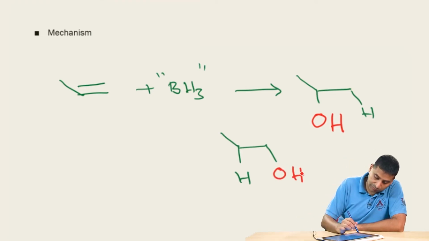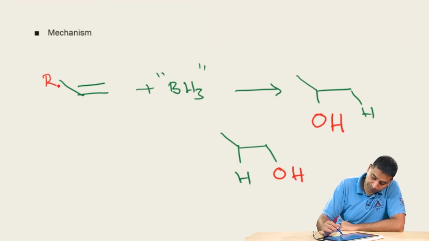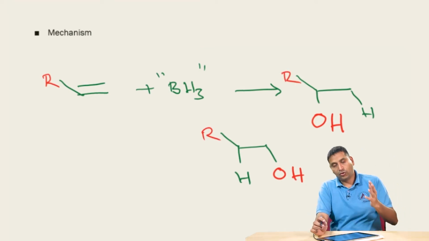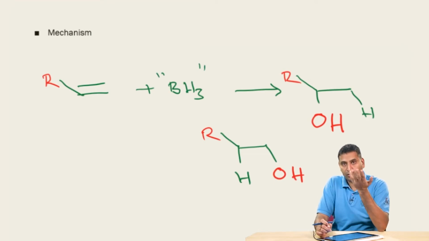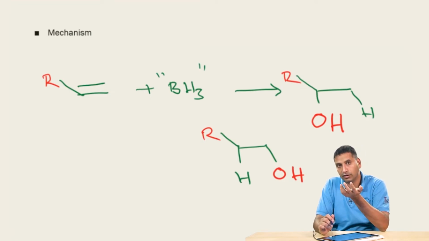Imagine that this is R and this is R. So, when hydroboration oxidation happens, formally first a borane adds to the double bond and you get BH2, which is followed by an oxidation reaction which can give you the alcohol.